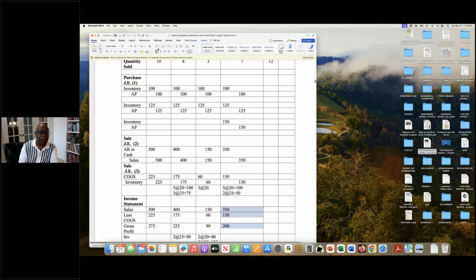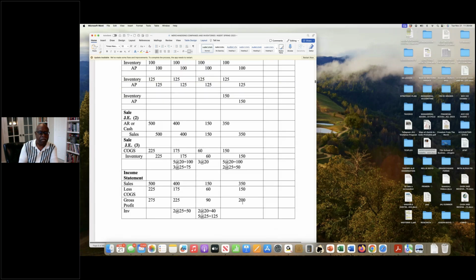And left in inventory would be 3 at 25, which would be $75.